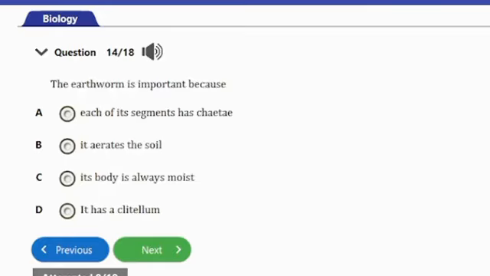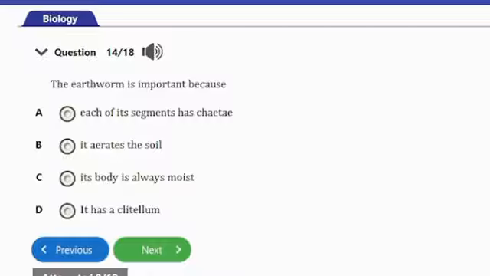It says here, the earthworm is important because A, each of its segments has chaetae, B, it aerates the soil, C, its body is always moist, and D, it has a clitellum. So guys, the answer to this question is option B here.